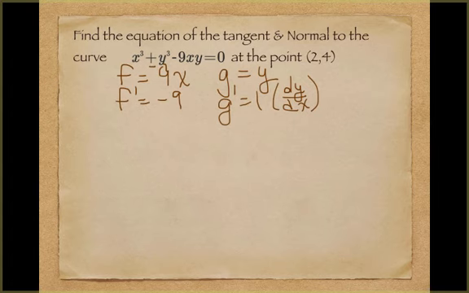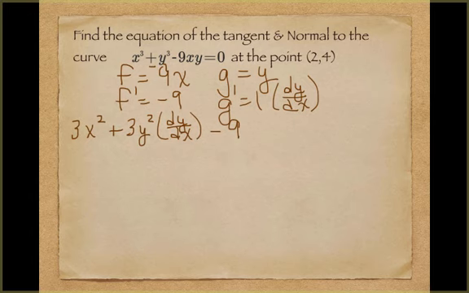So my derivative of this equation is 3x squared plus 3y squared dy dx minus 9y minus 9x dy dx equals 0.